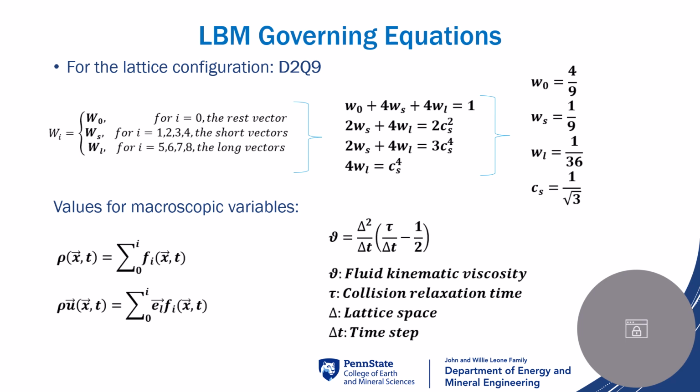The method relies on well-designed lattice structures like D2Q9, which must satisfy specific symmetry and moment conditions. Macroscopic variables such as density, momentum, and viscosity are recovered by summing over these directional distributions, linking microscopic updates to fluid scale dynamics.